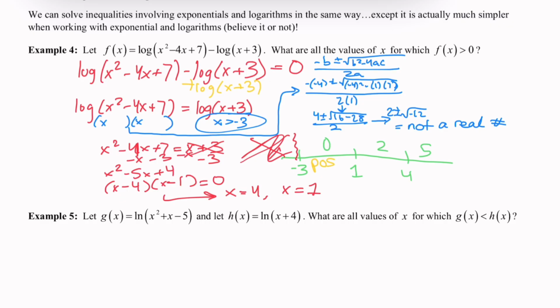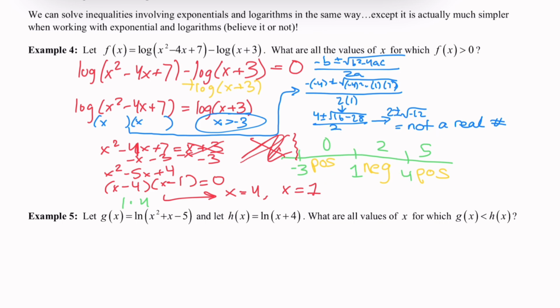Now, what's the next number? The next number is 2. So 2 minus 4, that's negative 2. 2 minus 1, that is 1. So that gives us a neg, short for negative. And then let's see. 5 minus 4 is 1 times 5 minus 1 is 4. That's positive. So it looks like this section right here and this section are both positive.